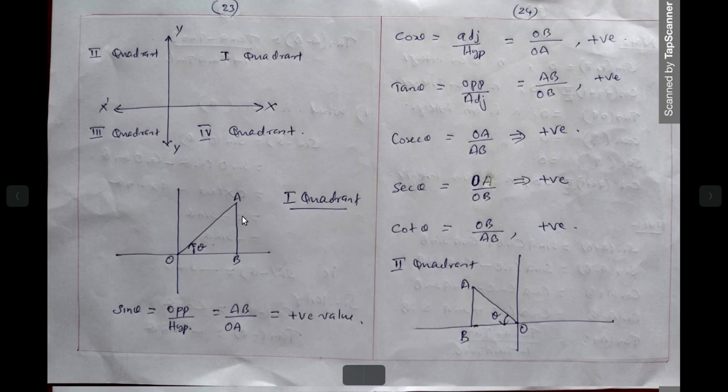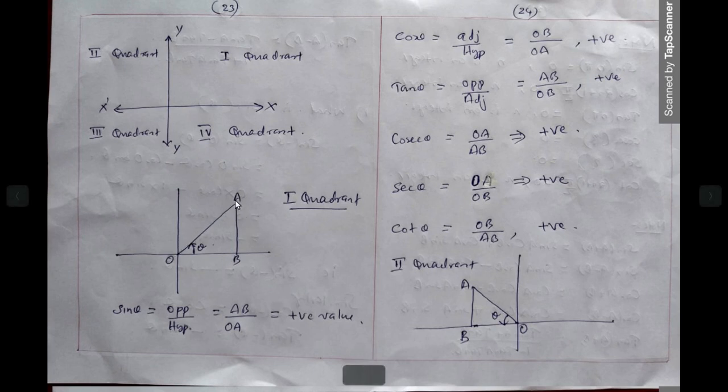Geometrical figures are always named in anti-clockwise direction. So you can read this right angle triangle as AOB, not ABO. Okay, no problem. Now I am naming this right angle triangle as what?